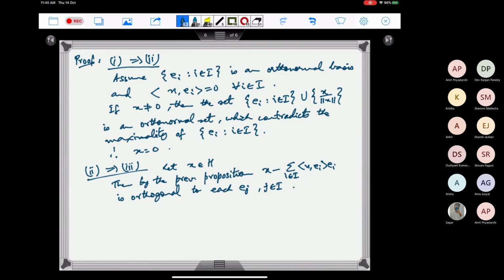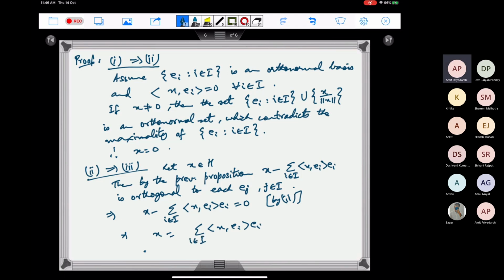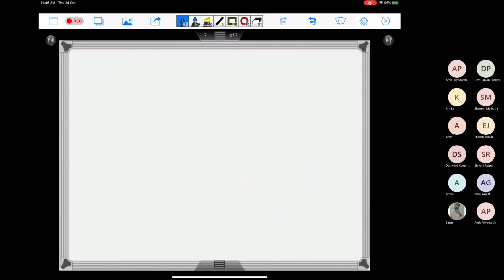So this implies x minus summation x dot e_i e_i is equal to 0 by 2, which implies x is equal to summation x dot e_i e_i. So 2 implies 3 is done. Then we will prove 3 implies 4.